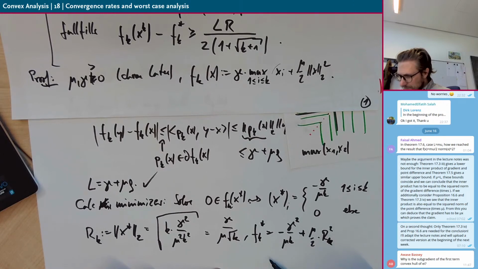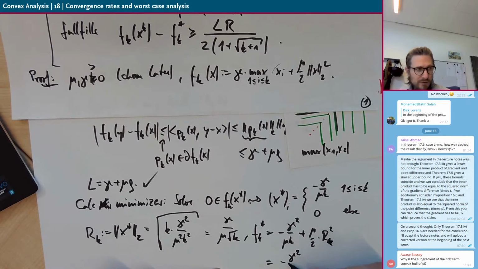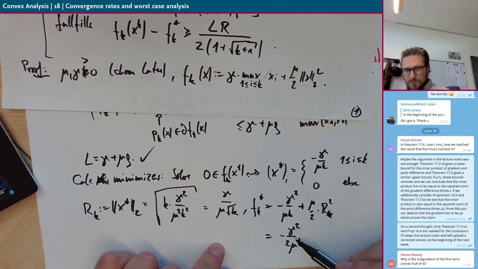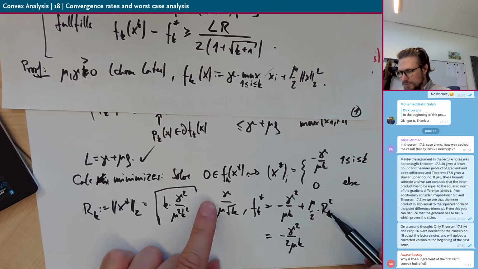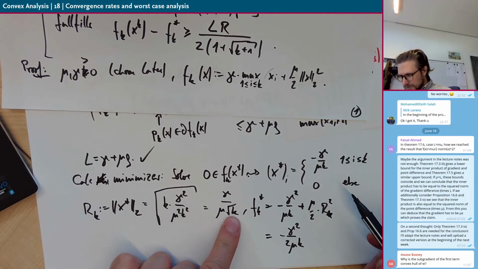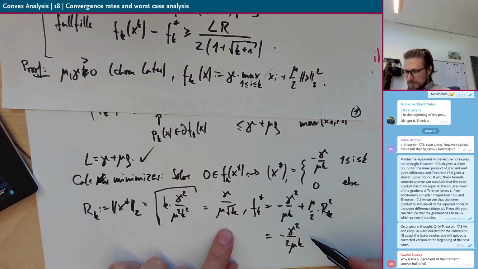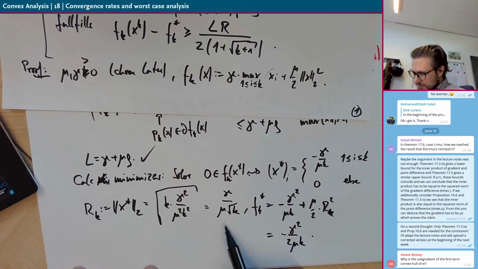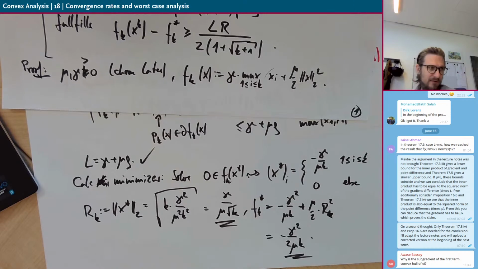If you do the math and evaluate that, you get minus gamma squared over 2 mu k. That's what you get, because if you square that, you get gamma squared over mu squared times k, one mu cancels, you get a half. Okay, these are our two things: the norm and the optimal value.